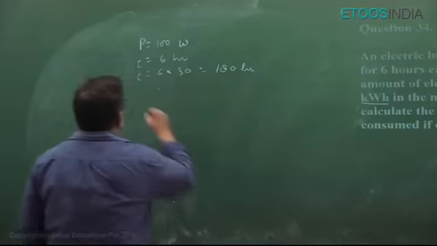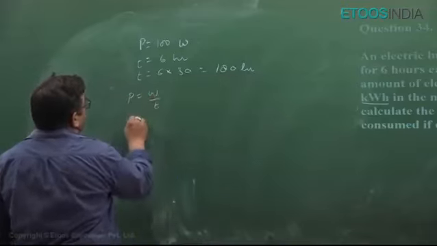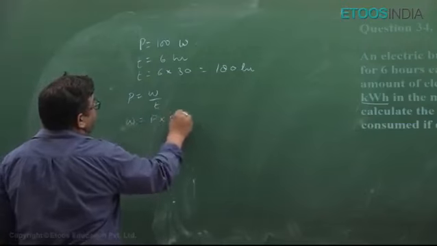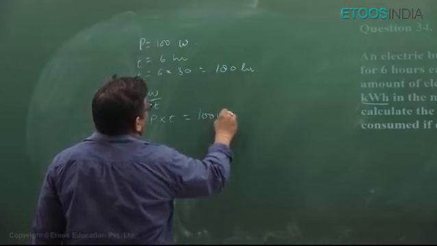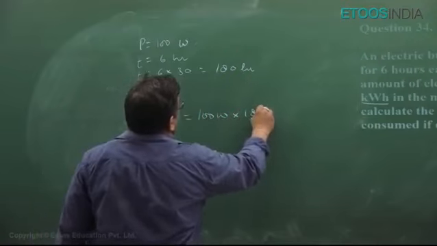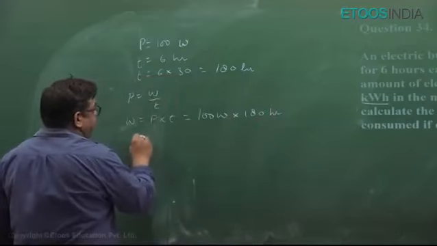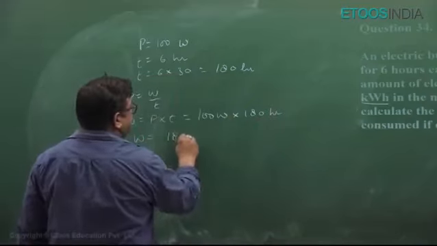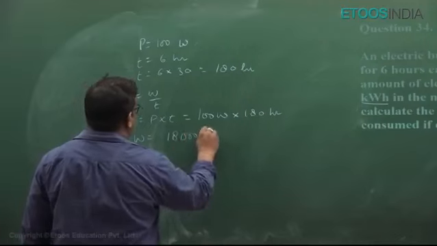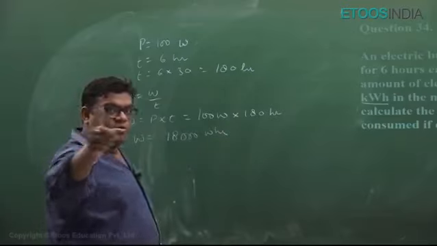So first of all, let me find out what will be the work done here. We know that power is work done upon time, or work done will be P into T. So power here is 100 watts multiplied by 180 hours. So it will be 18000 watt hour, but we need to convert that into kilowatt hour.